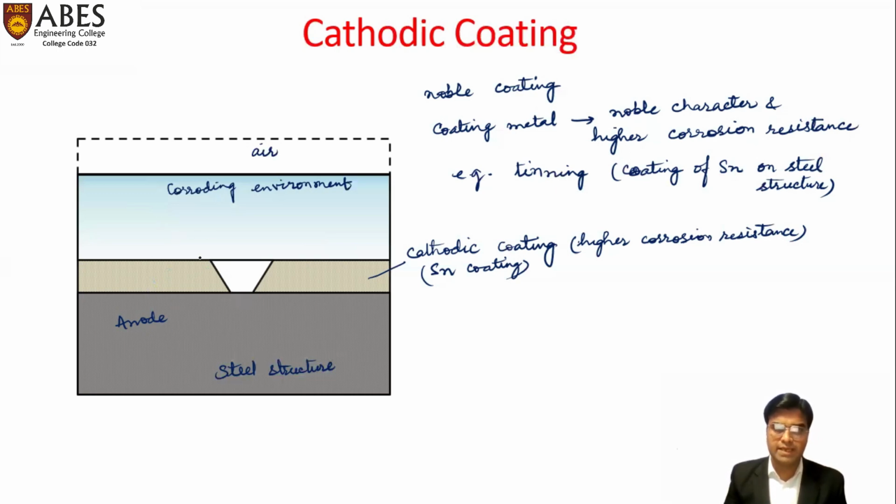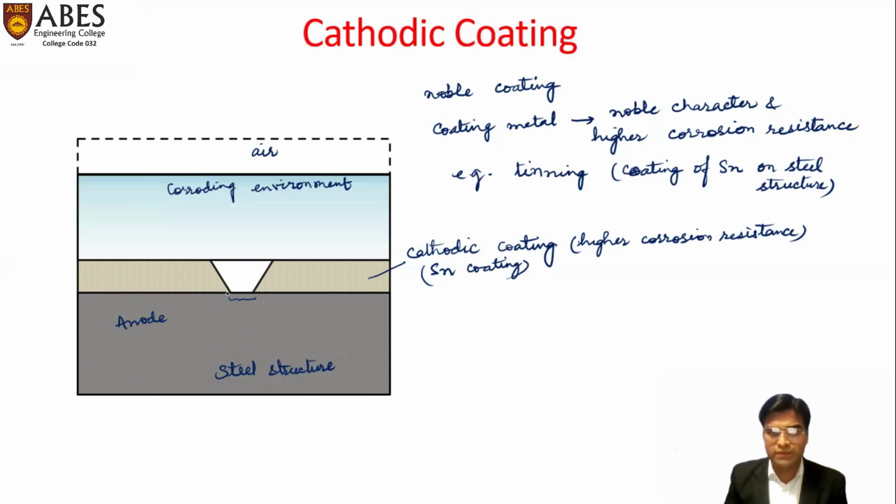But as soon as any crack or pore or discontinuity appears in the cathodic coating, this underlying layer is exposed to the corroding environment. Now, this area is working as anode, so the corrosion will happen here.